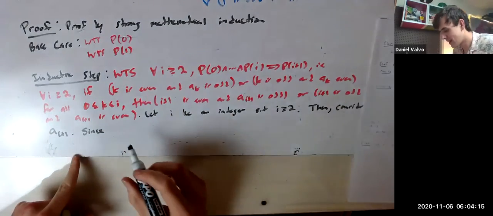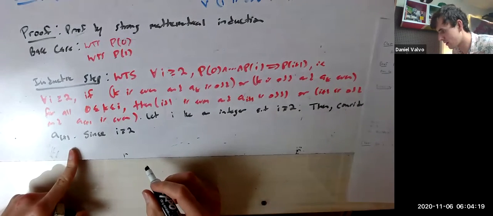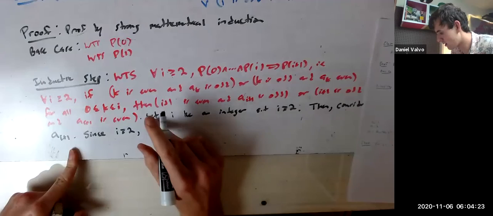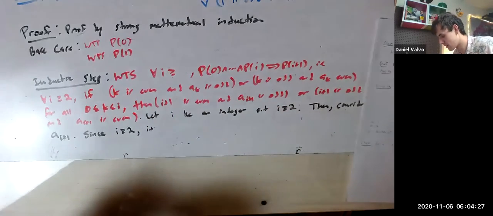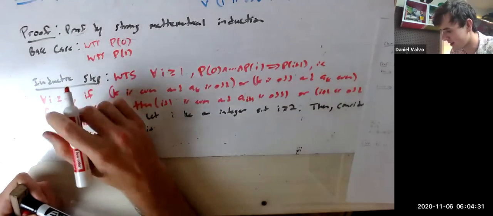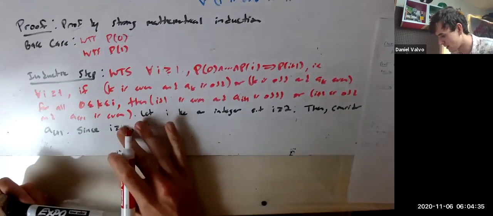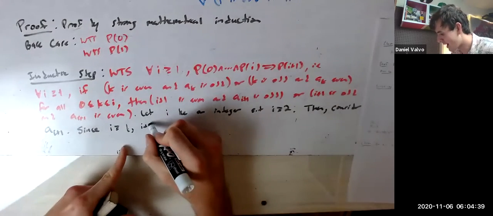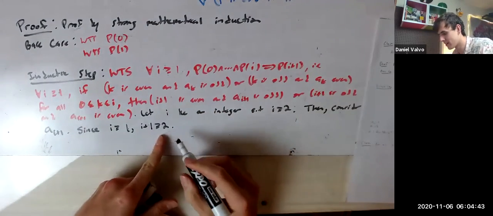So notice that since i is greater than or equal to 2, actually, I'm going to use 1 here. Let's see why in a second. I could use 2, I'm going to use 1. Since i is greater than or equal to 1, i plus 1 is greater than or equal to 2.